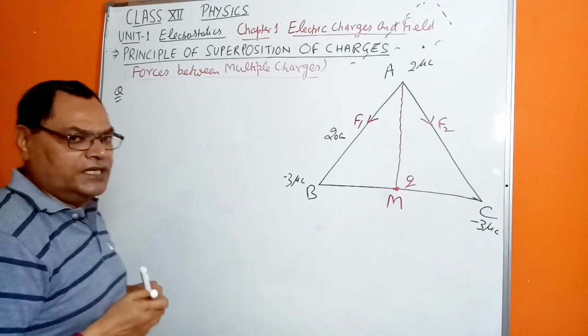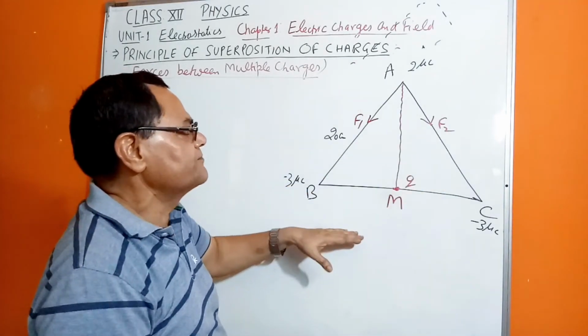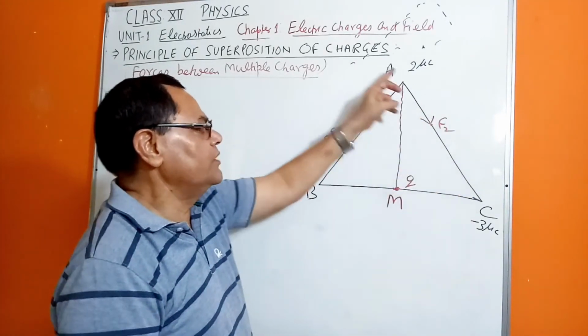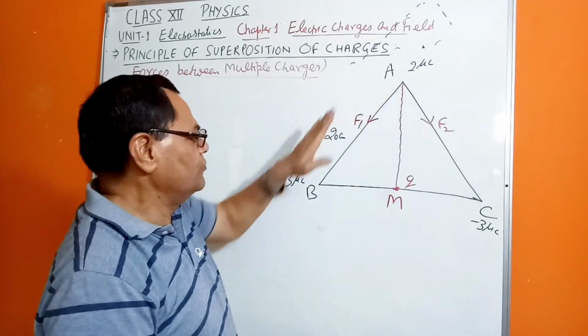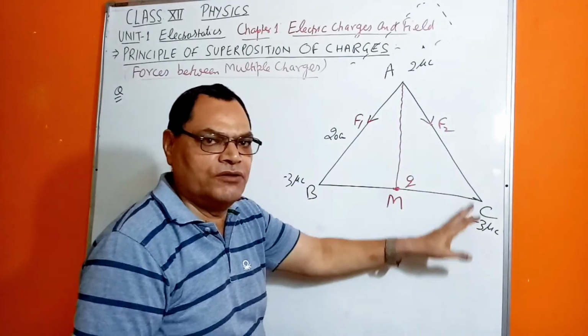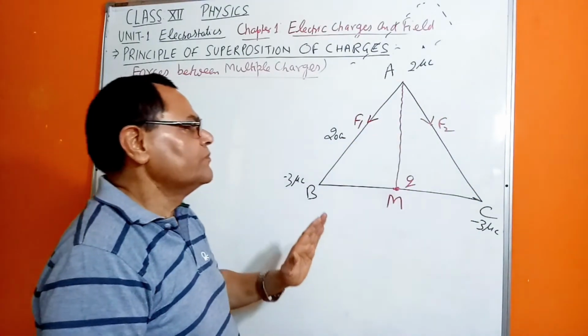Understanding the language of the question is very important. I am repeating once again for your convenience. ABC is an equilateral triangle, each of side 20 centimeter. +2 microcoulomb, -3 microcoulomb, -3 microcoulomb are charges placed at the vertices A, B, C respectively.